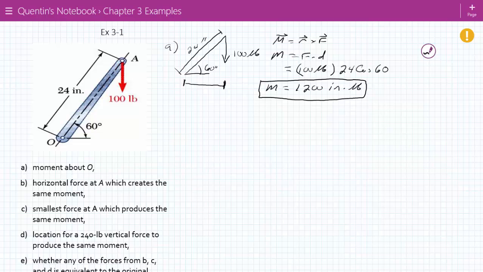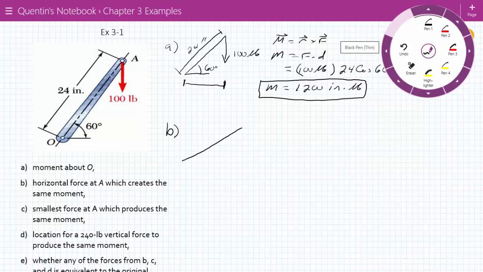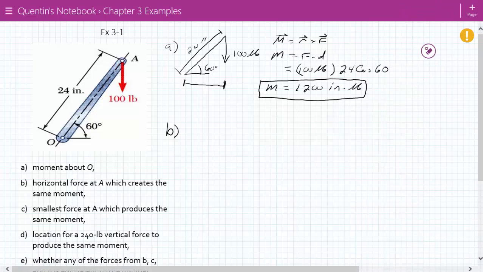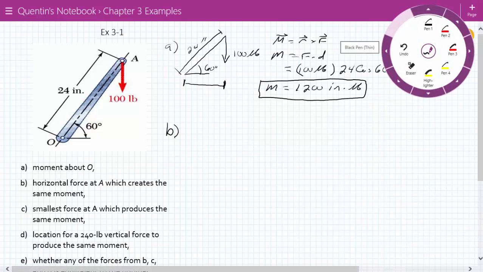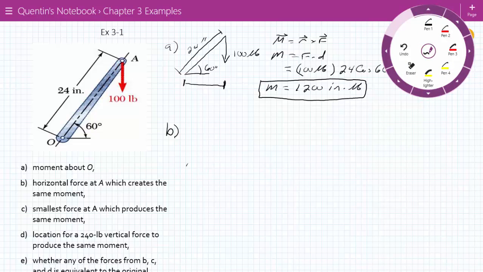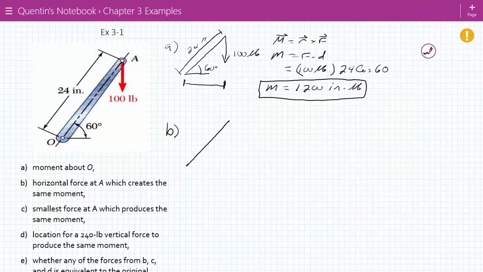And then for part B, it says a horizontal force at A which creates the same moment. So we're going to rewrite this as having this same object. Instead, we have this same thing, but now we have a force off here, F of we don't know how much.